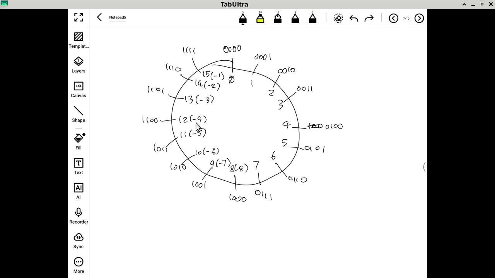Yes, that is correct. They can be interpreted as negative. So that was actually more or less a coincidence.